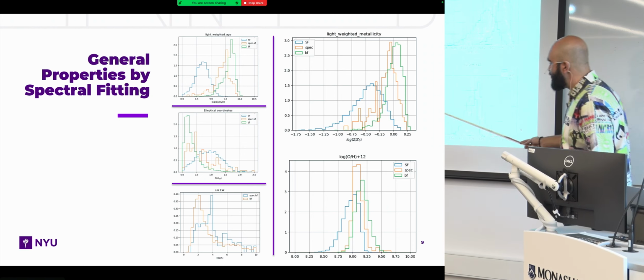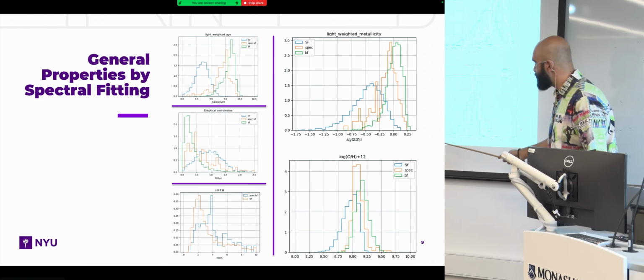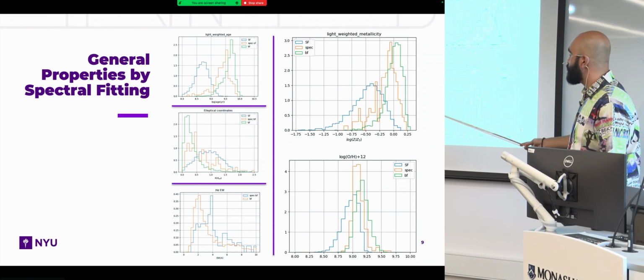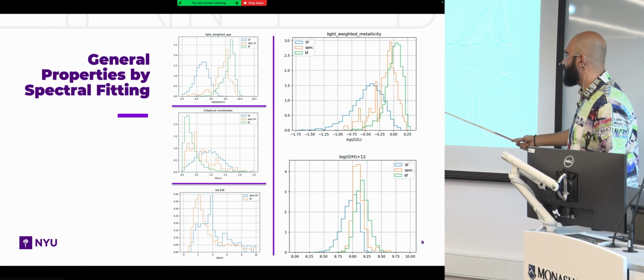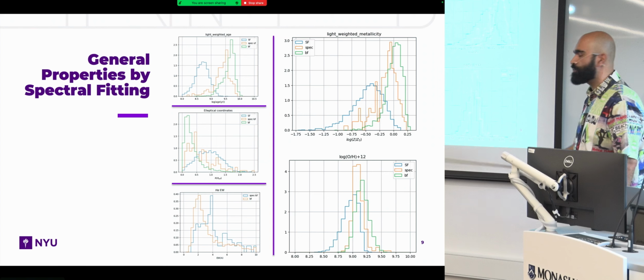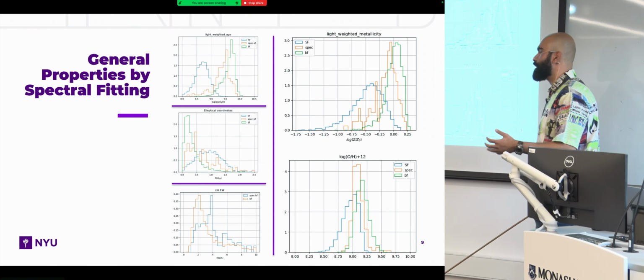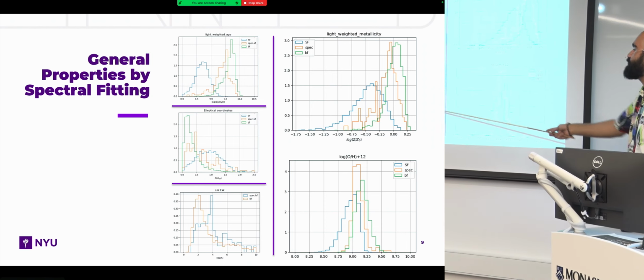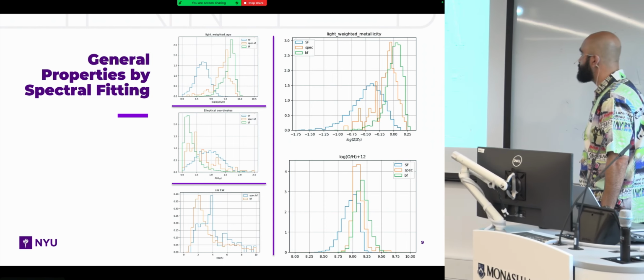And as you can see, for the BF sample, the majority of the spaxels are actually less than 3, which means they're not really AGN. Whereas for the spec minus BF, they peak around 4, which means they're probably AGN, but weak AGN. So there's a clear distinction between these two classes just based on the equivalent width of H alpha.